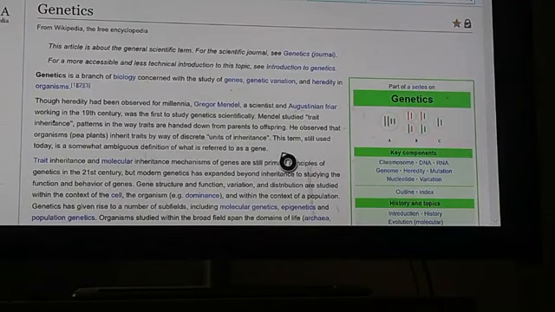Mendel studied trait inheritance, patterns in the way traits are handed down from parents to offspring. He observed that organisms, pea plants, inherit traits by way of discrete units of inheritance. This term, still used today, is a somewhat ambiguous definition of what is referred to as a gene. Trait inheritance and molecular inheritance mechanisms of genes are still primarily principles of genetics in the 21st century.